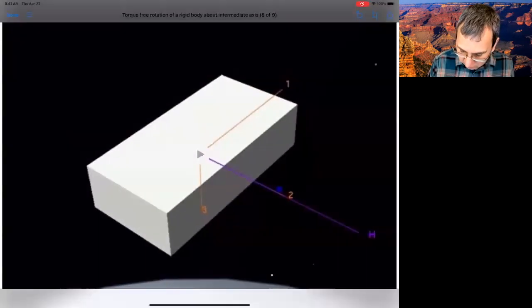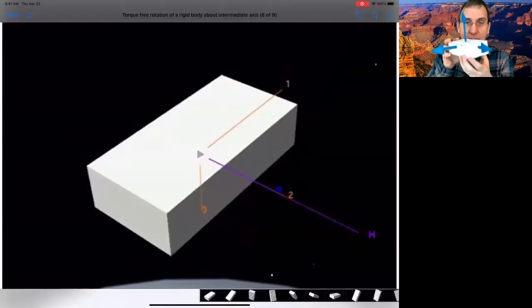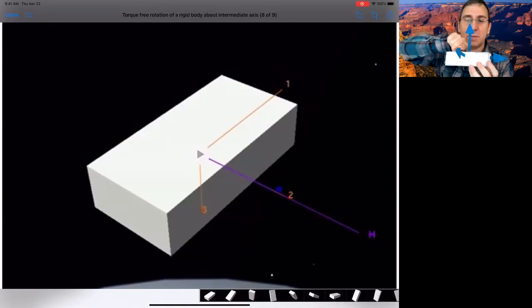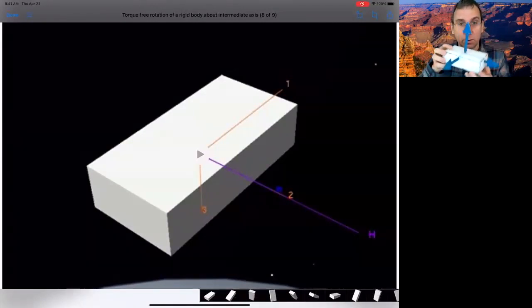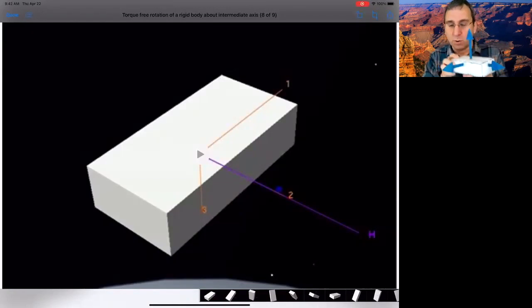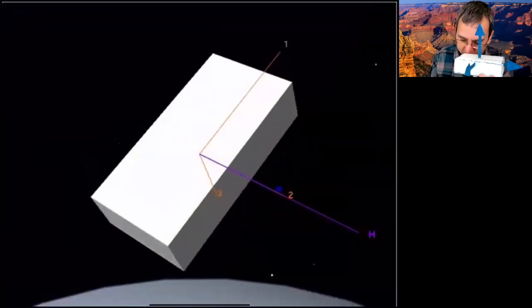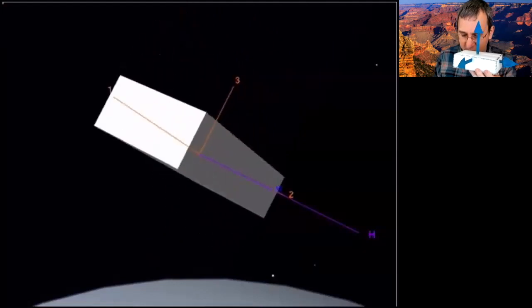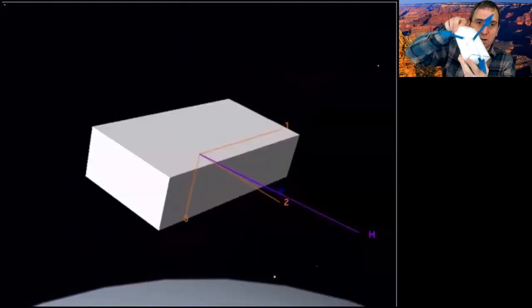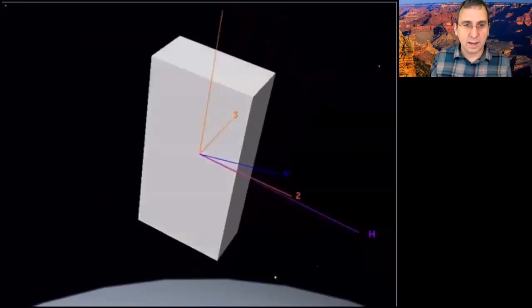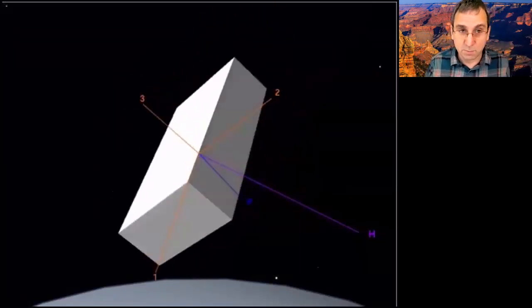So like this situation, this is taking the object, its intermediate axis, right, which we talked about last time, like spinning your phone or the book or any shape. If you get it started spinning close to its intermediate axis, it's going to want to do some kind of weird flip. And then this messes up where things are pointing.